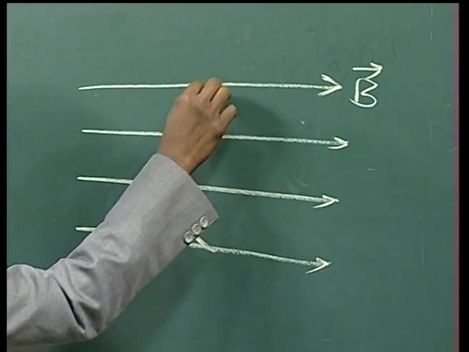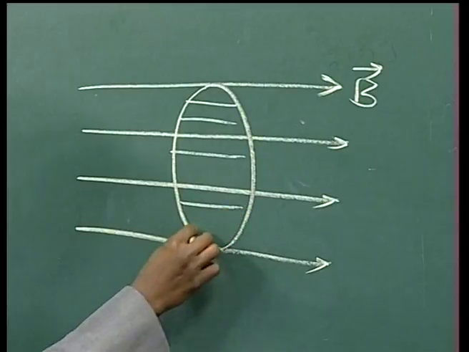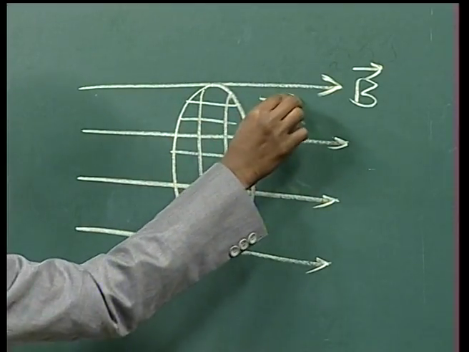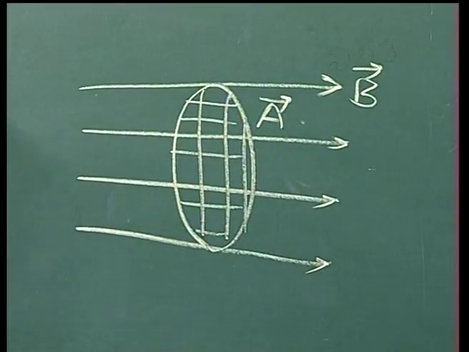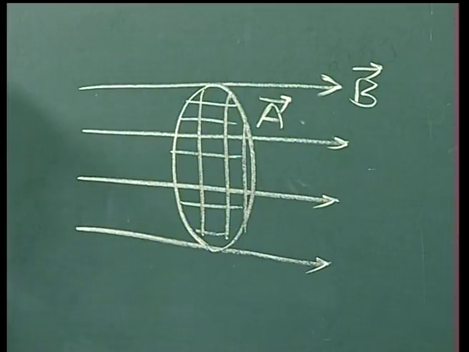This is the area of the conductor, that is vector A. The product of vector B and vector A is called magnetic flux.